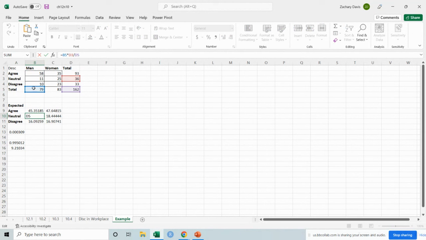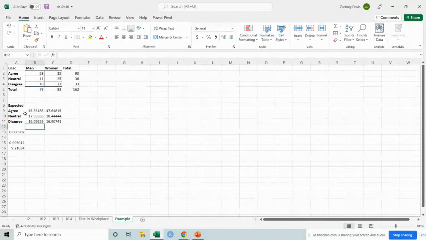We take the total value for men, and we multiply it by our neutral column, and we divide by the total, and that's how we get that value. And then same thing here. Multiply our total times our total that disagree, and divide by our total sample size. So that will give us our expected matrix, and this is our observed matrix.